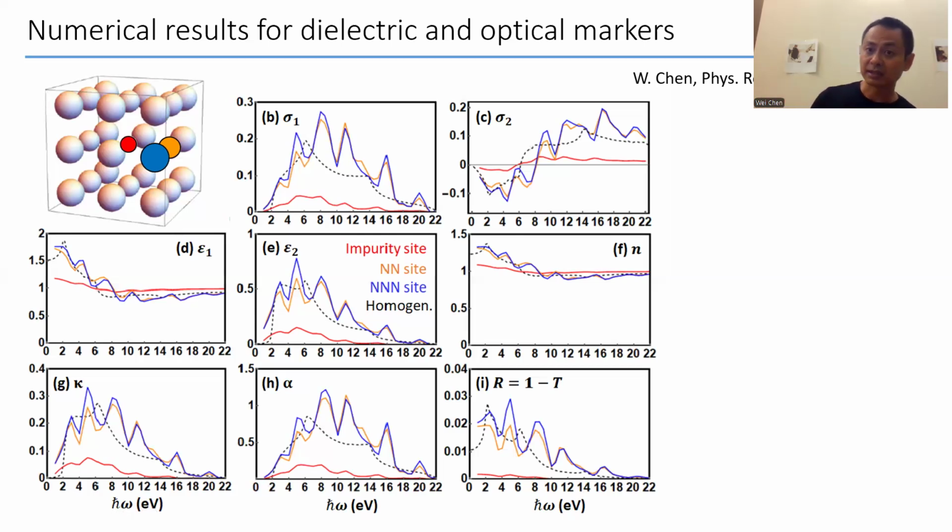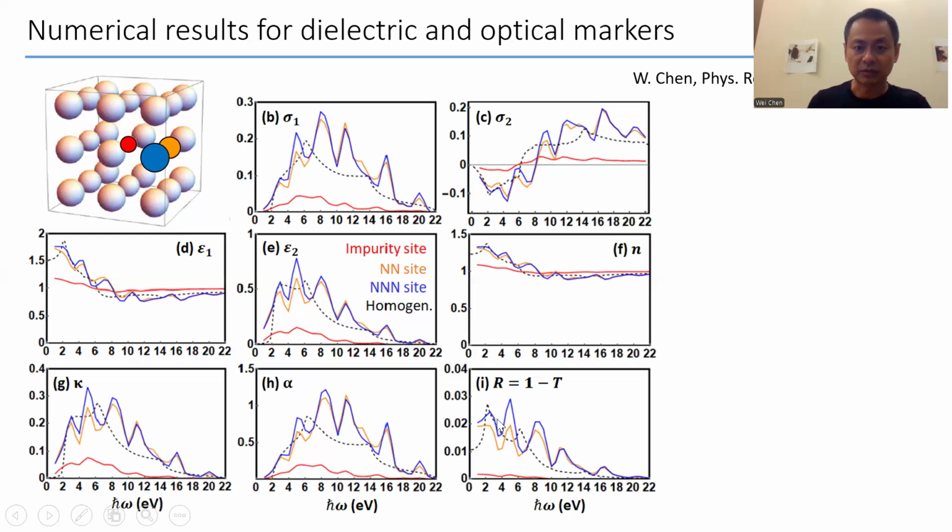But even if you just move one site away from the impurity site, it pretty much recovers to the homogeneous value, shown by this thin black dashed line. The second nearest neighbor site as well. So you see that blue and orange are more or less the same in all the figures, whereas red is very much suppressed.